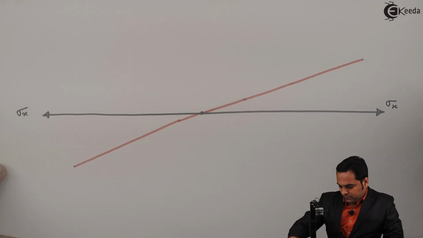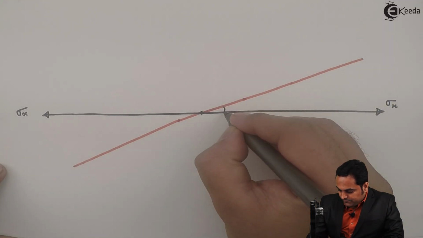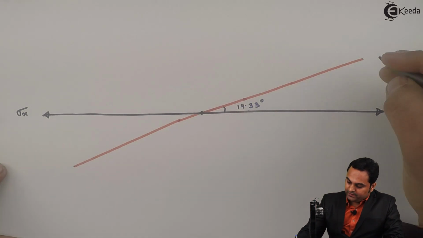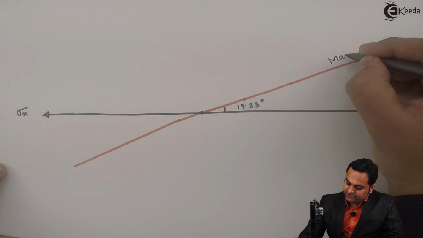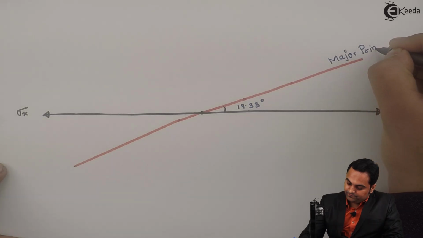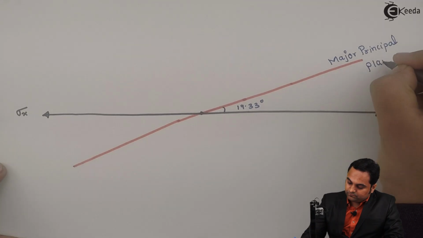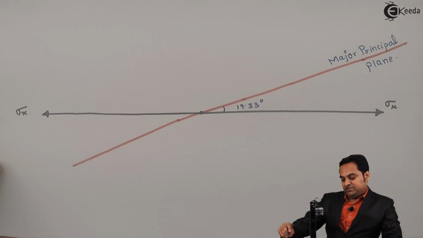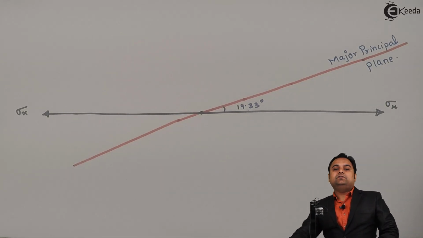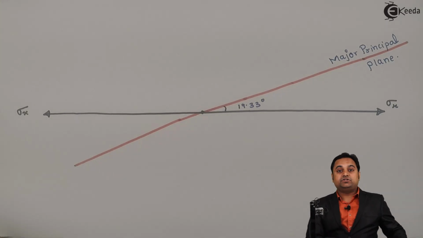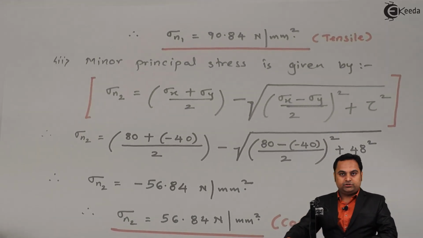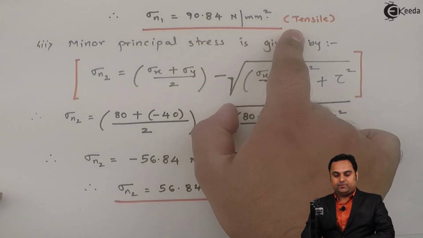Now here this angle is having a value of 19.33 degree, and this is my major principal plane. Now this major principal plane will carry the major principal stress, and that was sigma n1. We have found out sigma n1, it was 90.84 Newton per mm square.